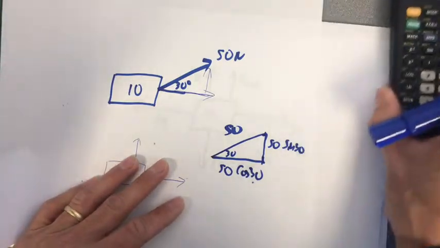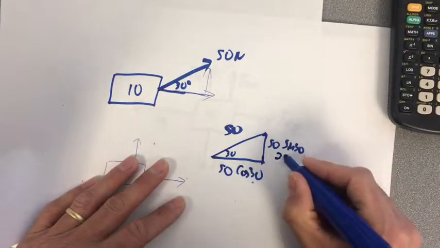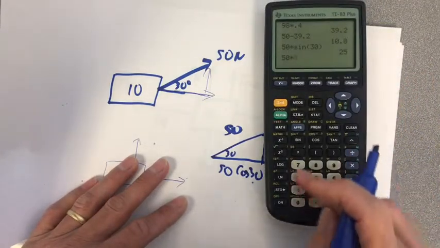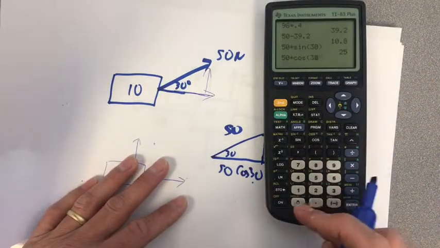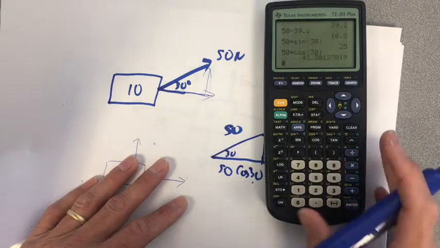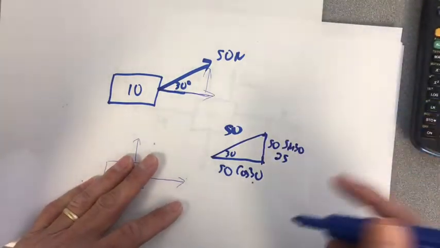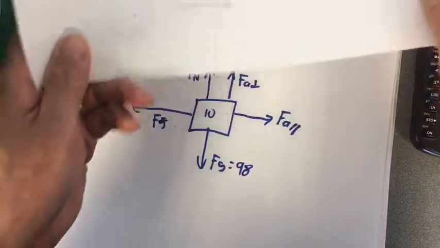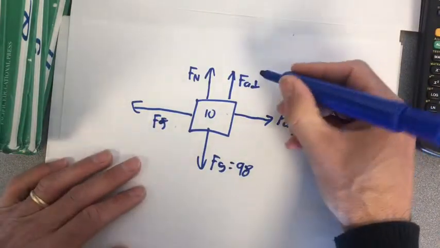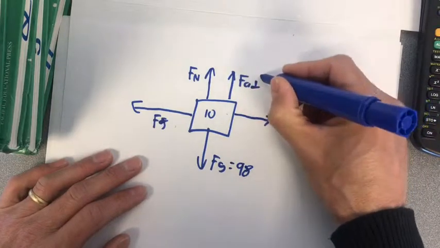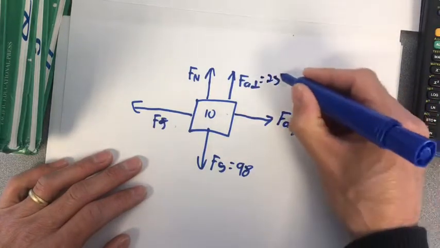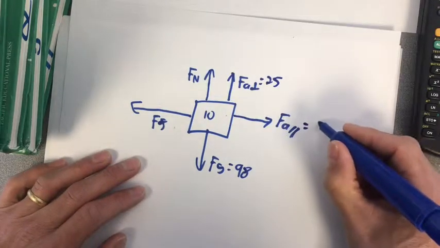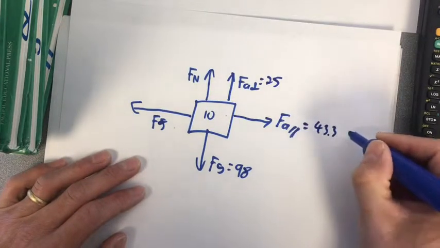So 50 sine 30 is 25, and 50 cos 30 is 43.3. So my upward force here is 25 newtons. My forward force is 43.3 newtons.